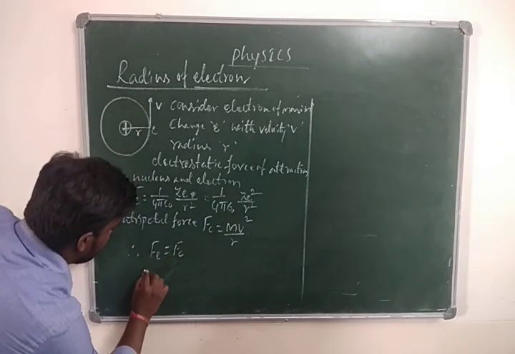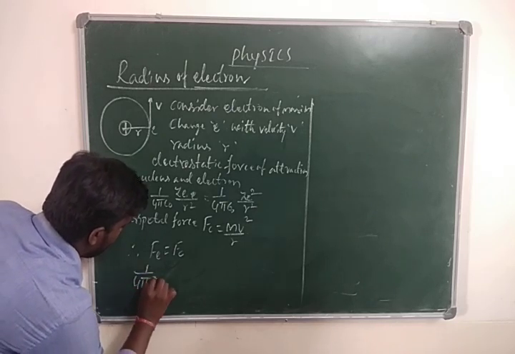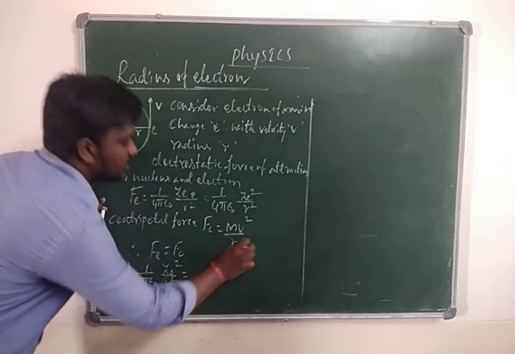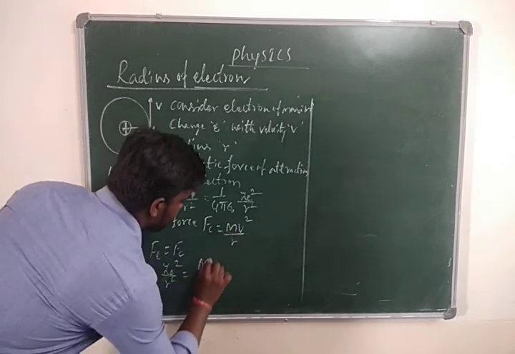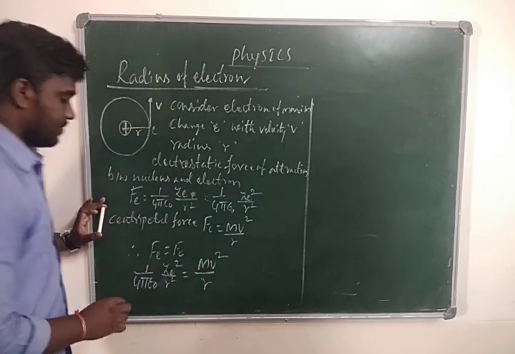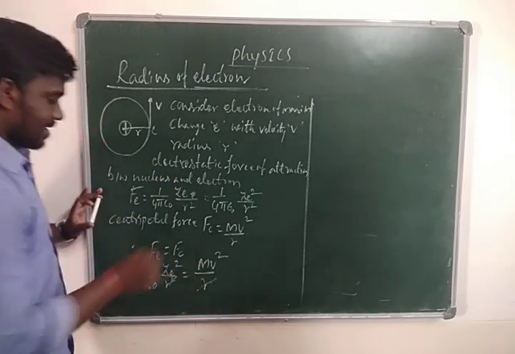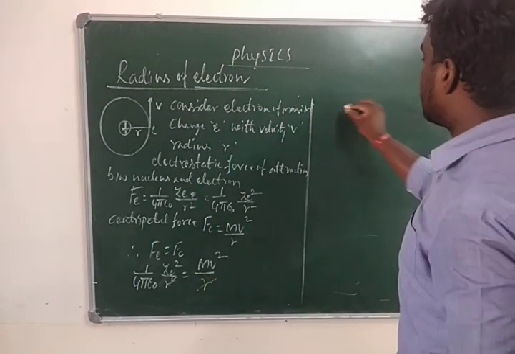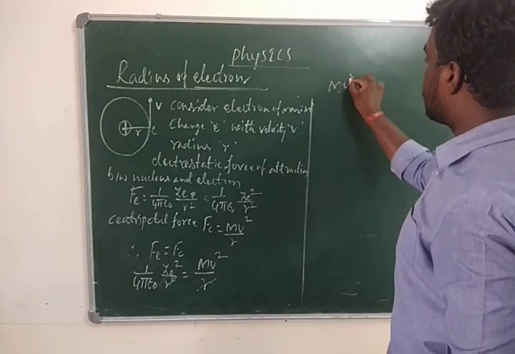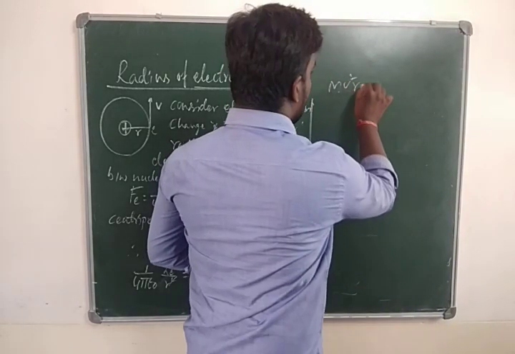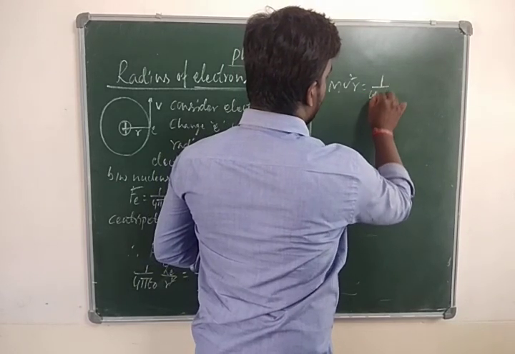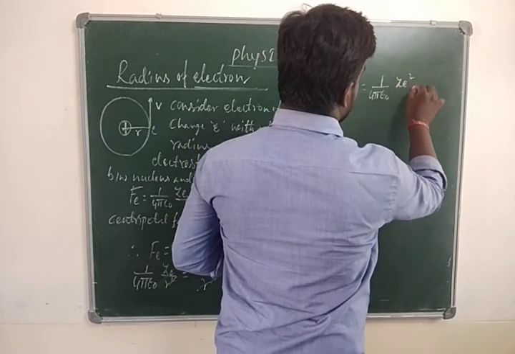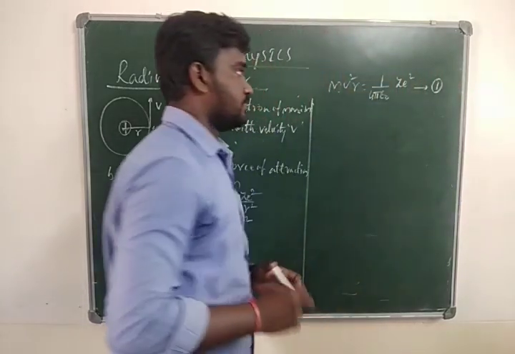That means 1 by 4 pi epsilon naught, Ze square by r square is equal to mv square by r. Here r square and r get cancelled, and on cross multiplication, m v square into r is equal to 1 by 4 pi epsilon naught into Ze square. This is equation 1.